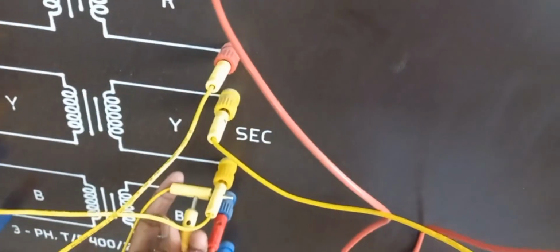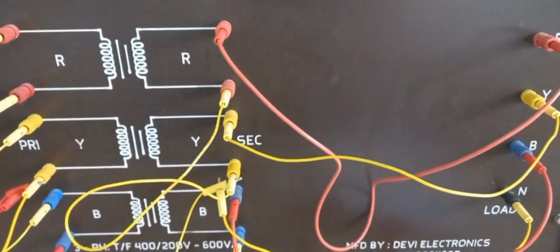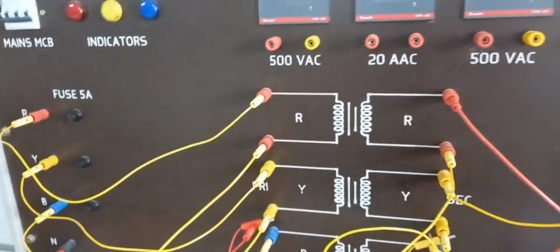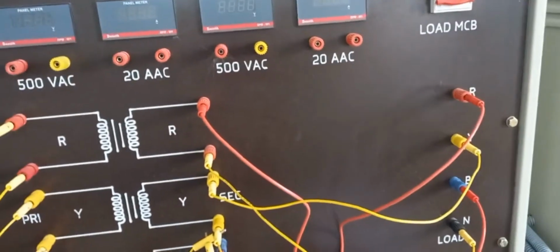Okay, and the neutral point of the load is connected here in a star connection, only for the second terminal of the secondary side. So first I have shown star connection at primary side and star connection at secondary side.